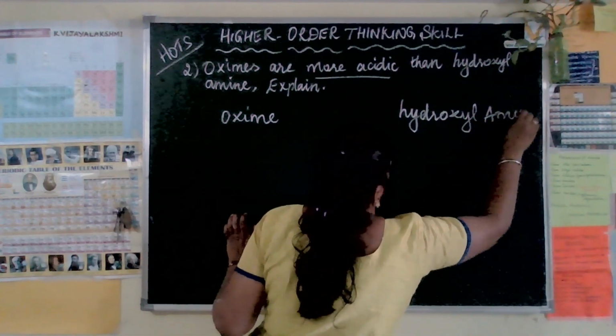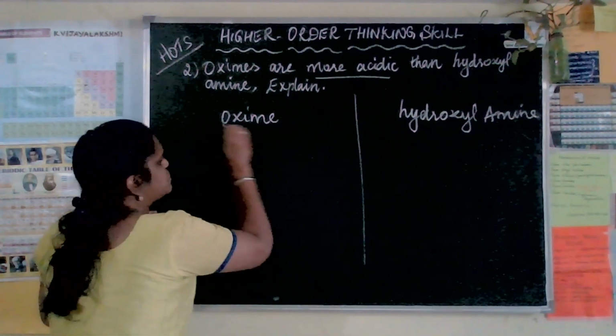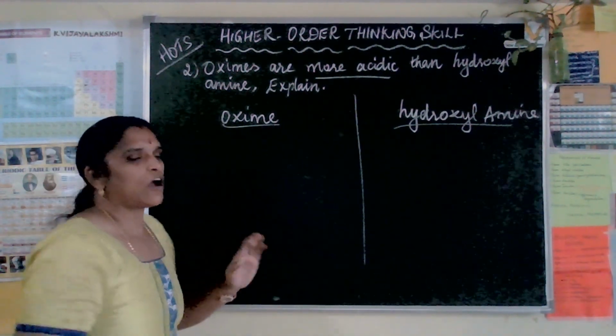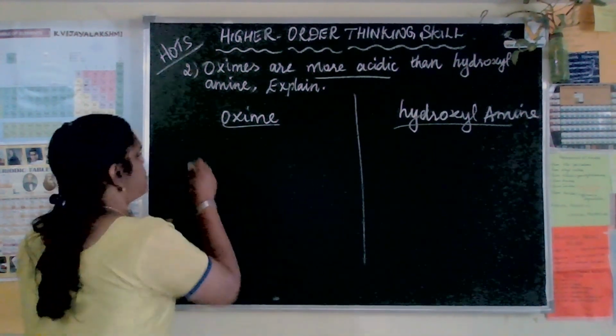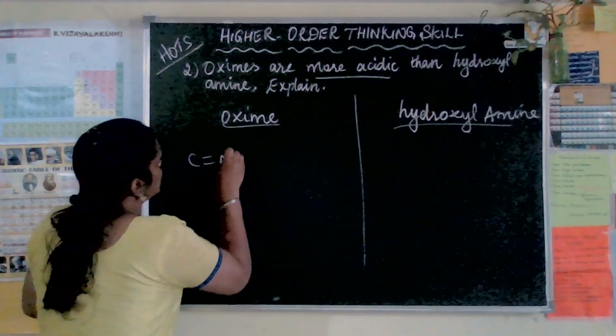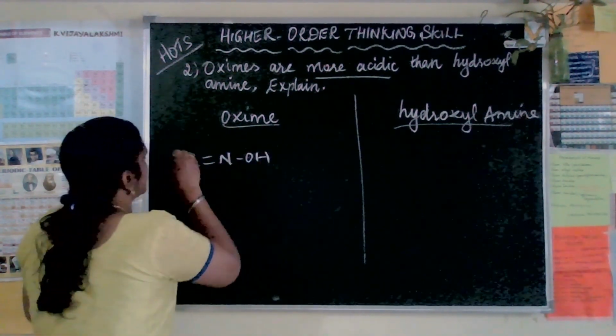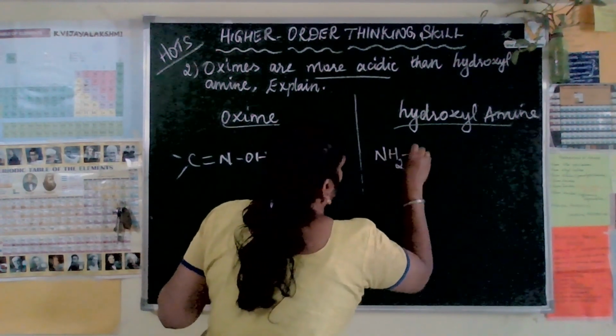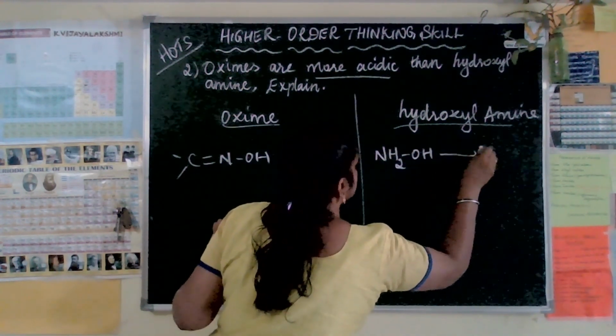As we write the formula, C double bond N-OH is an oxime, and here NH2OH is hydroxylamine.